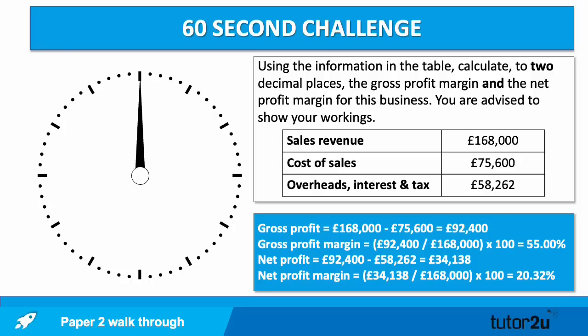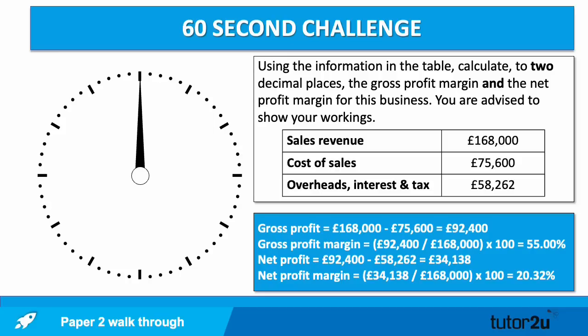So first of all, for the gross profit margin, you haven't been given the gross profit, so we need to work that out first of all. So in order to do that, we take away our cost of sales from the sales revenue. So that's 168,000 minus 75,600 to give us a gross profit of 92,400.